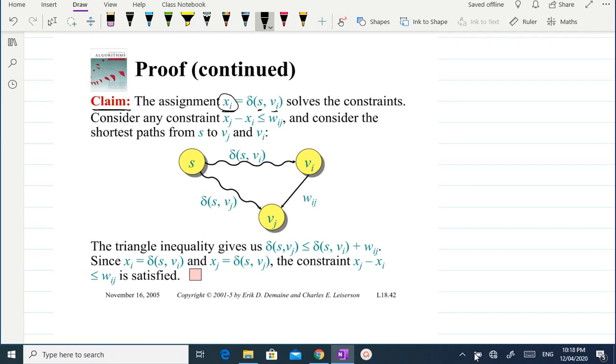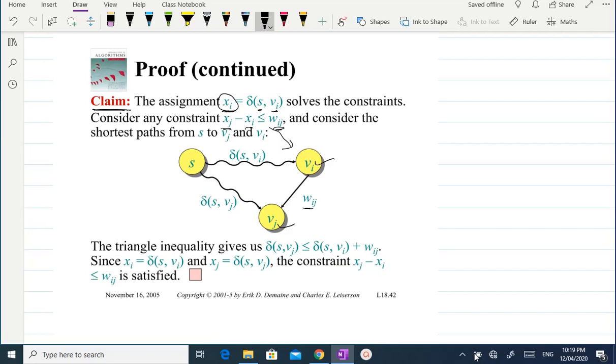For this, let's discuss this constraint graph in a bit more detail. Consider we have any constraint xj minus xi is less than or equal to wij, and this constraint graph is shown over here. So your starting node is vi, the ending node is vj, and the edge weight between these two is wij.